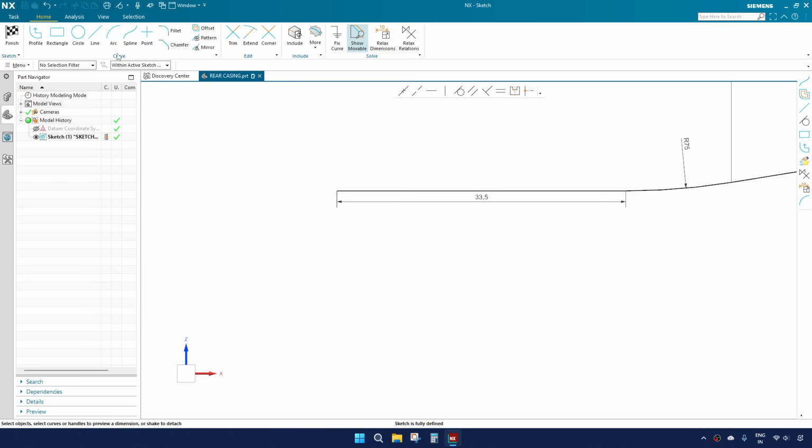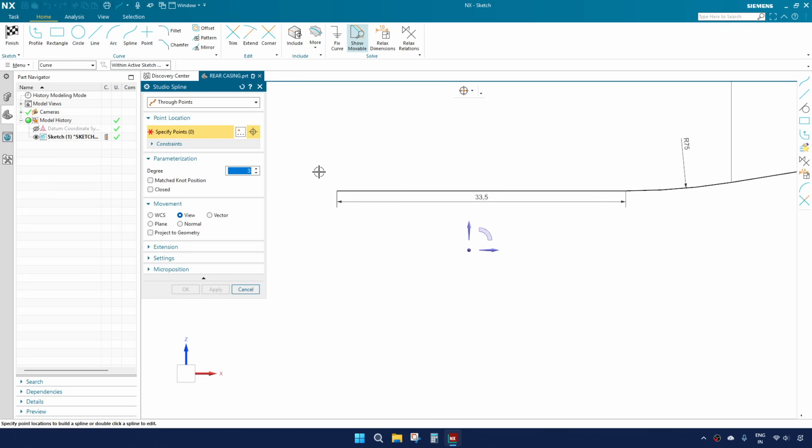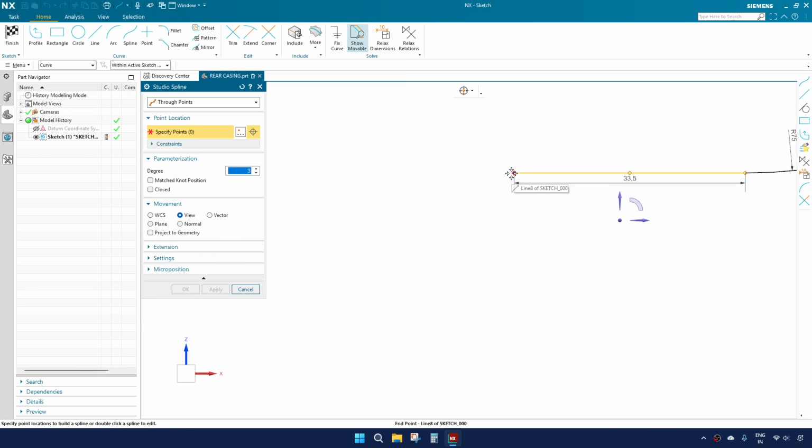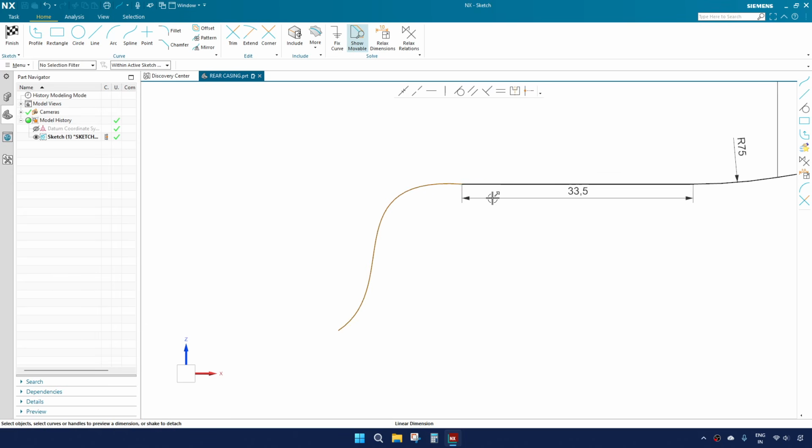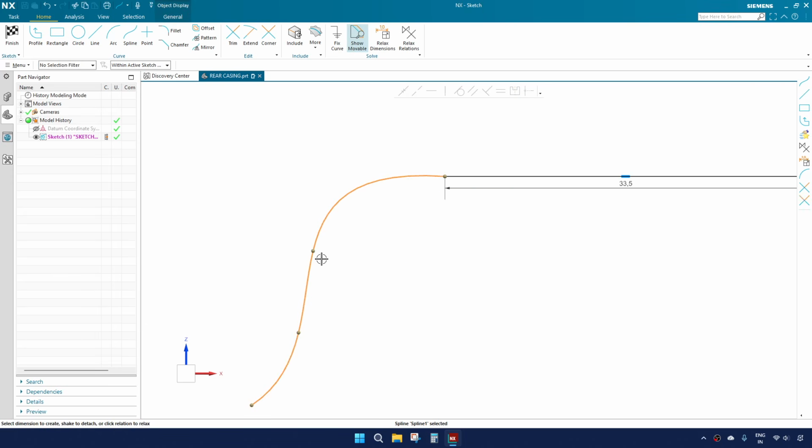So from here, take a spline with 4 points, including the starting and ending points. Give OK. Let's dimension them.